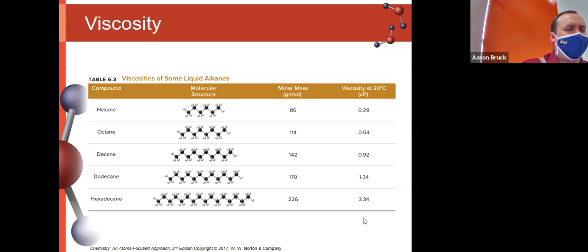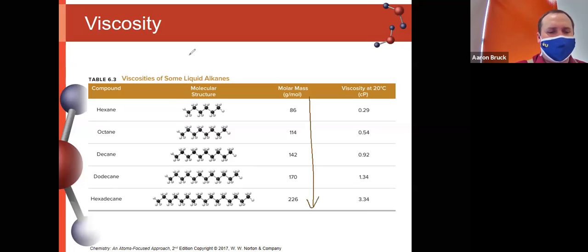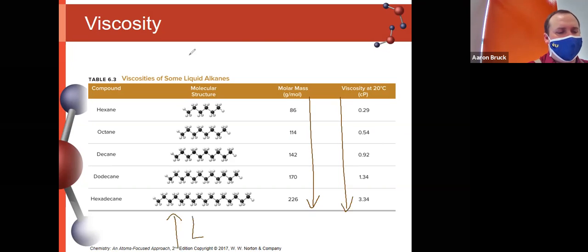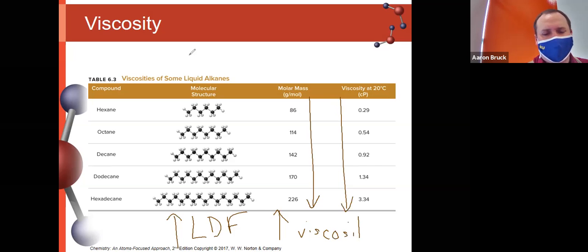And so all that we're looking at are dispersion forces. And we see that as our molar mass increases, so does our viscosity, which makes sense. I increase my London dispersion force, I increase my viscosity.